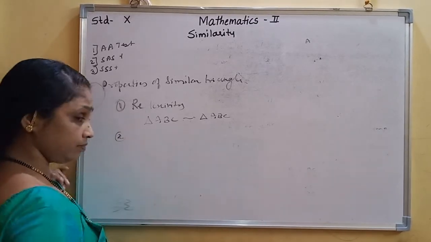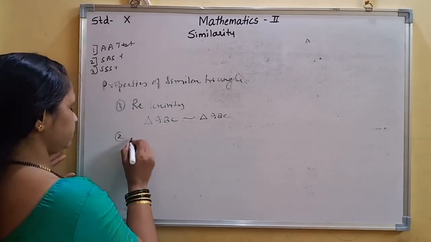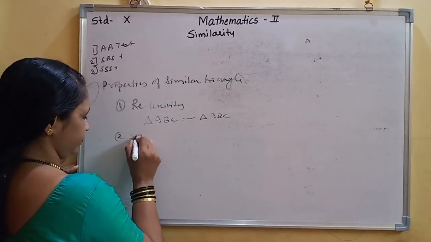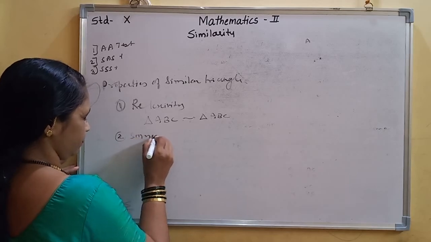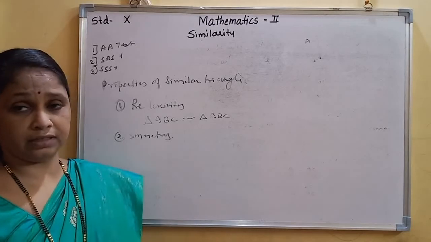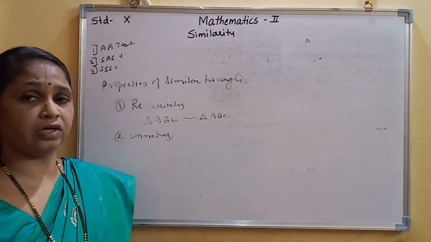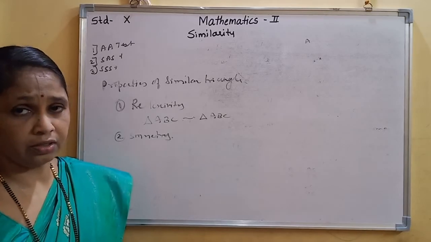And the second property is symmetry. In symmetry, if one triangle is similar to another triangle, then the other triangle also will be similar to the first one.